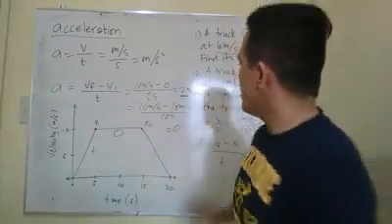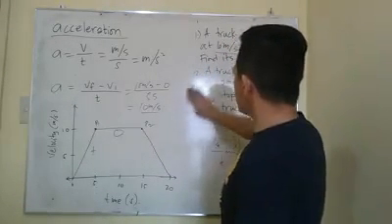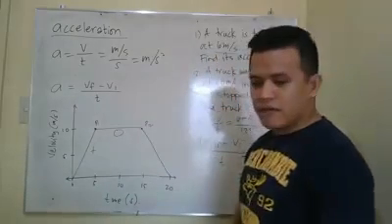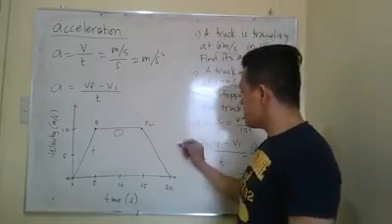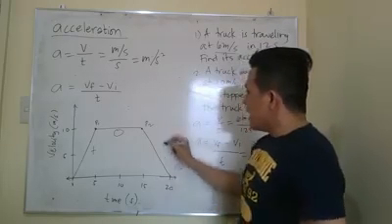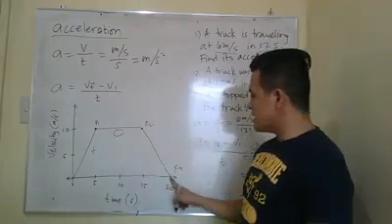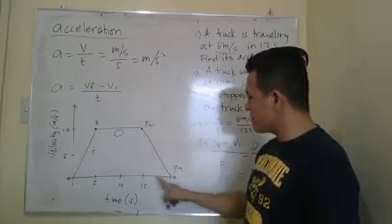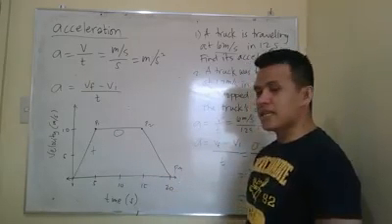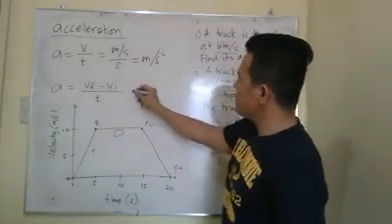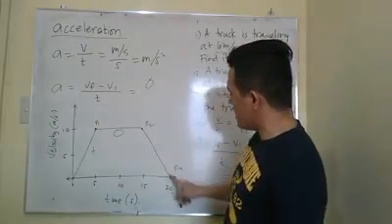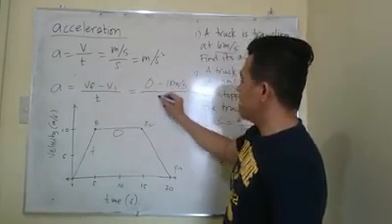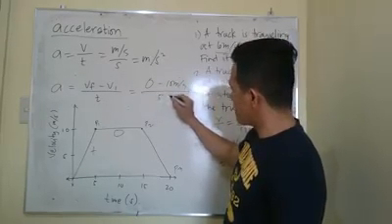Next one. When can we say that an acceleration is negative? From point 2 to point 3, our initial velocity is 10 and then it stopped, so that's 0 velocity. The time covered is from 15 to 20 seconds, so it is 5 seconds. Our final velocity, which is 0, minus 10 meters per second, over 5 seconds.